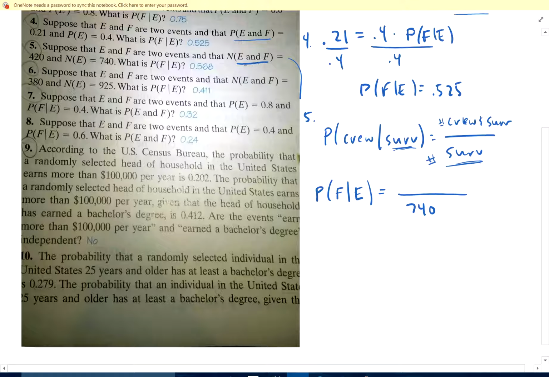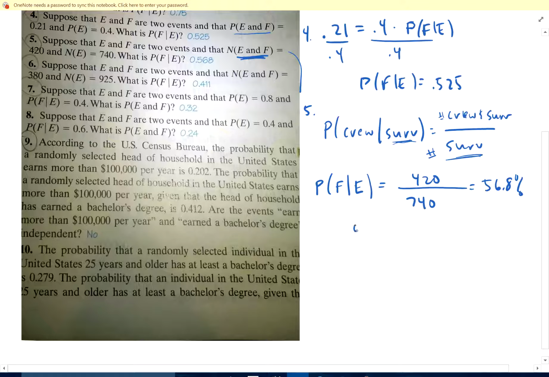So you've got to be E and F. So that's 420. And that's going to end up being 56.8%. Okay, now I could have written this as the probability of E and F over the probability of E, and I'd have gotten the same thing, but I don't need to do it that way.